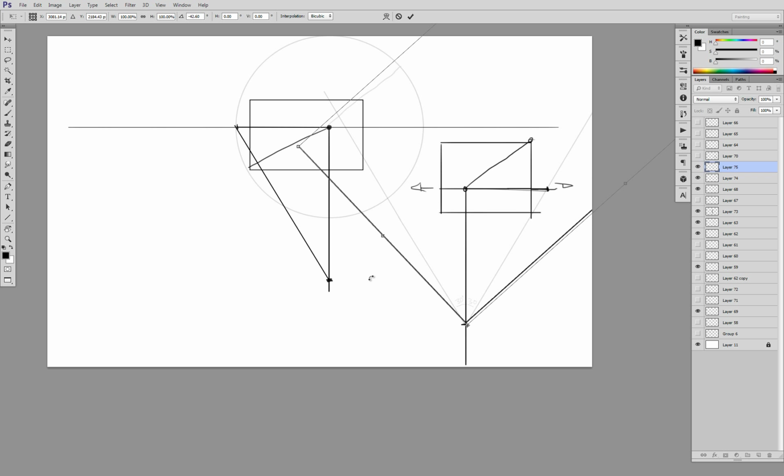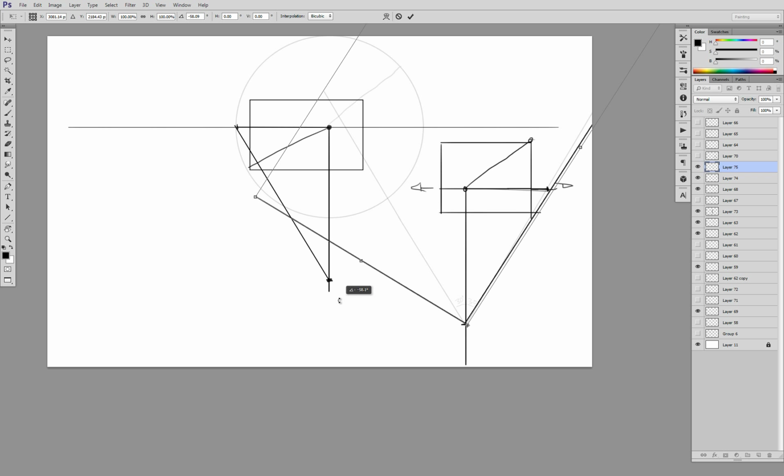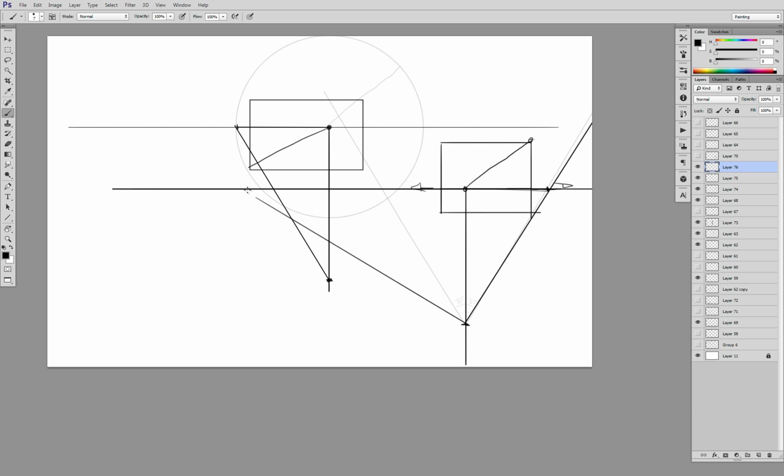And that's where we start. We could go like here, and then we've got a vanishing point over here and a vanishing point here.